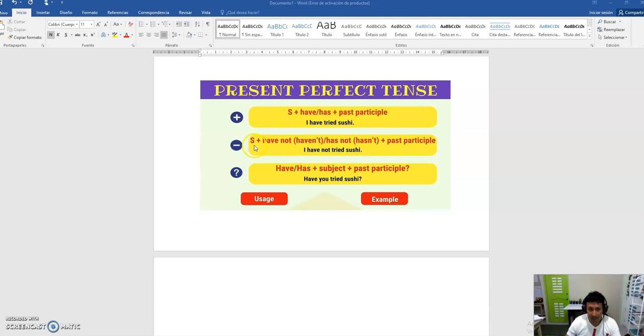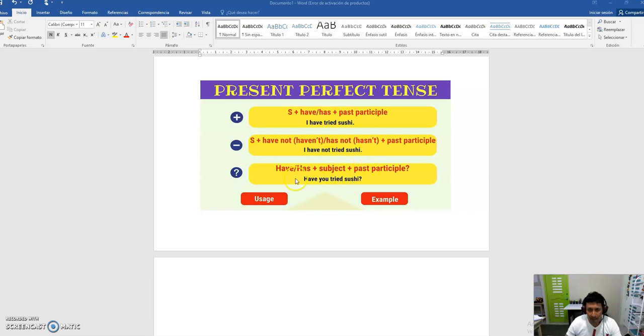Here we have the subject plus have not or haven't, or has not or hasn't. We can use an apostrophe here instead of these two words, plus past participle. And look at the example: I have not tried sushi.